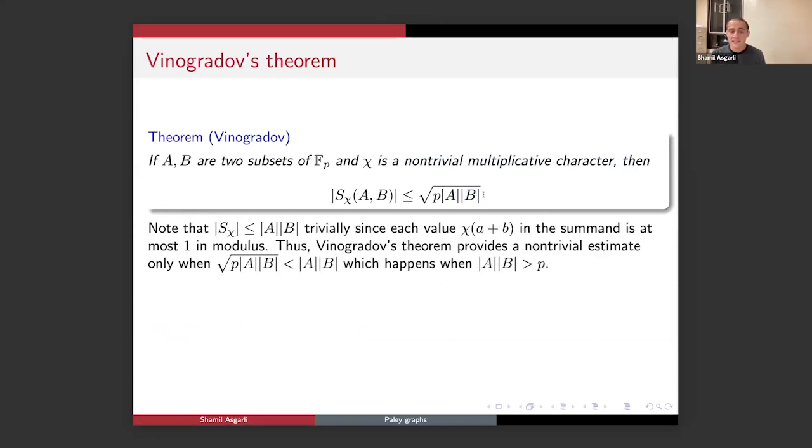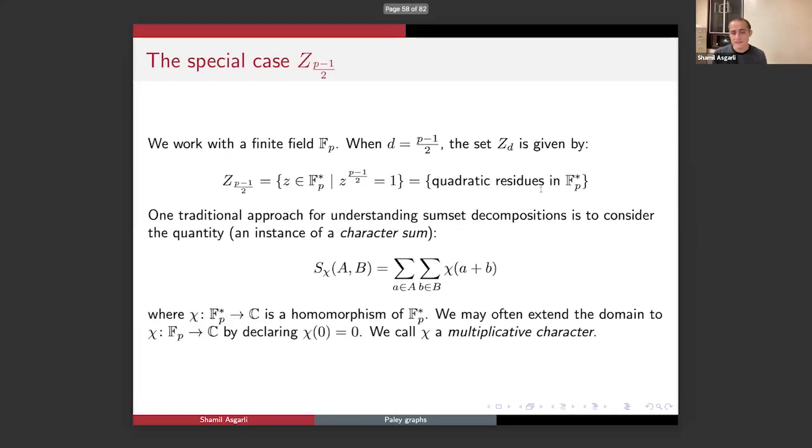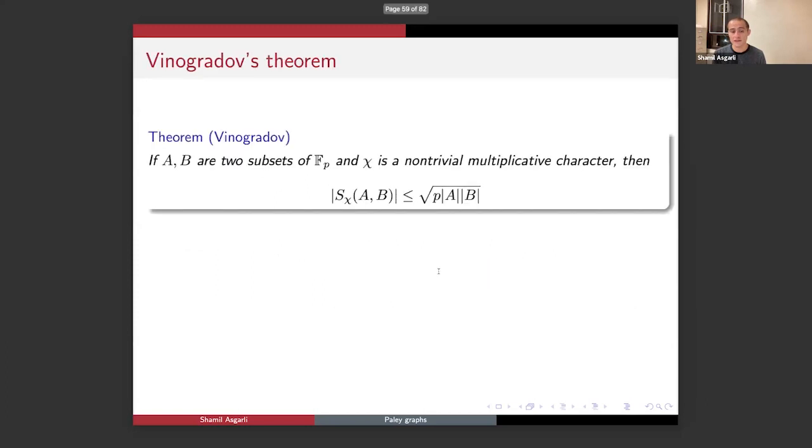So let us see, when is this result useful? If you look at the definition of S_chi, it has |A| times |B| many terms, and you're adding up a bunch of character values.